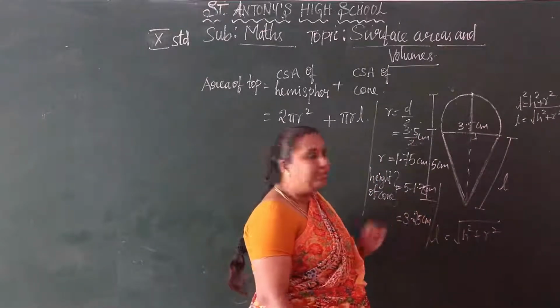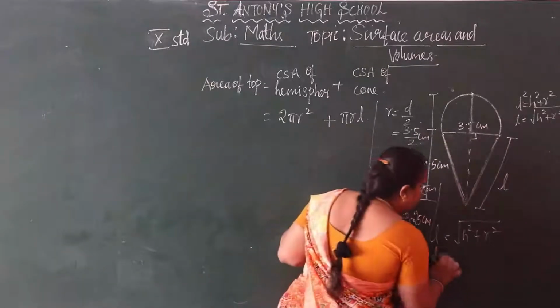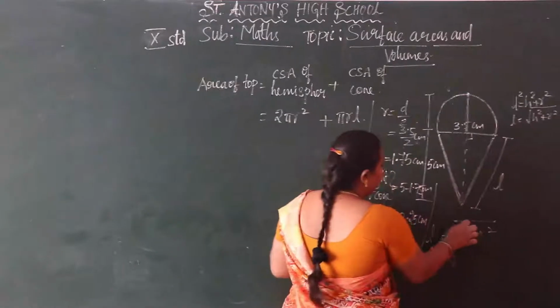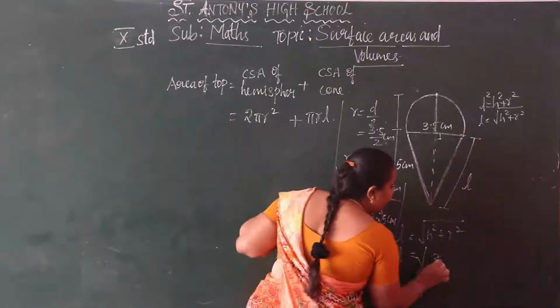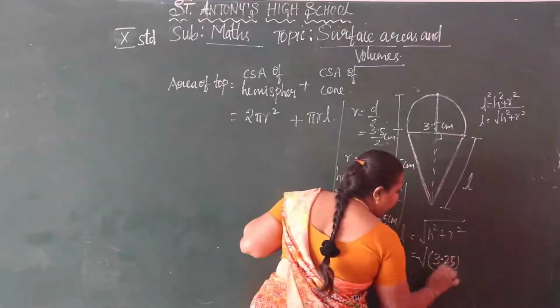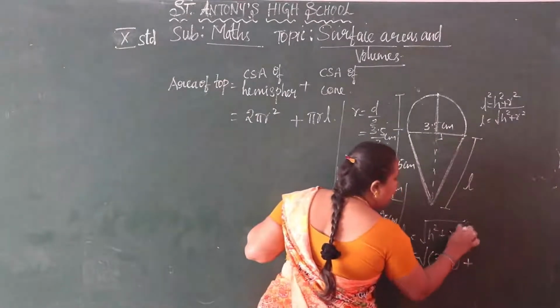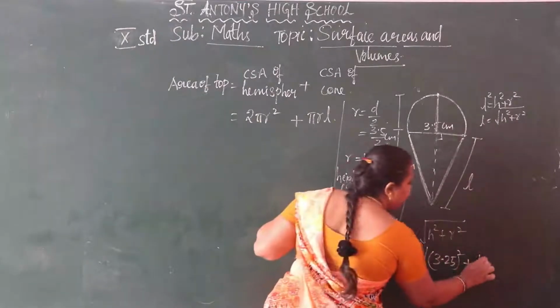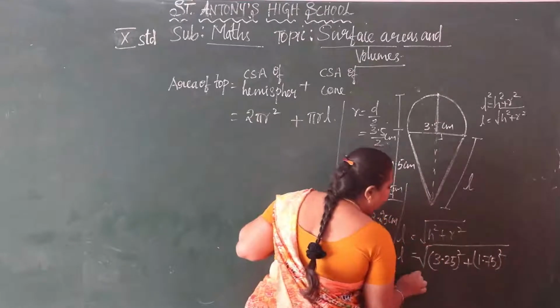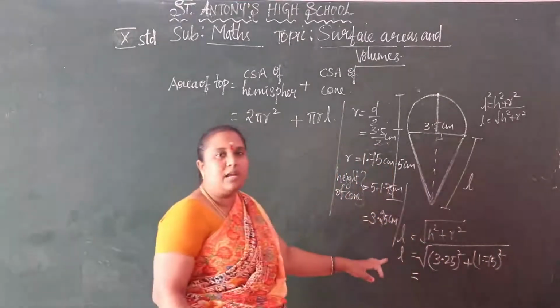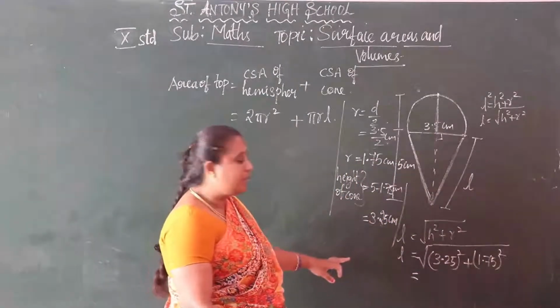So we have to find L now. L equals root of h square plus r square. H, the height of the cone, is 3.25 square, plus R, which is 1.75 square. What is 3.25 square?